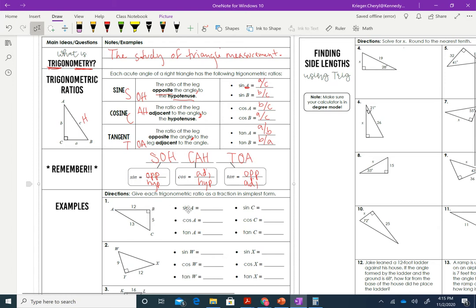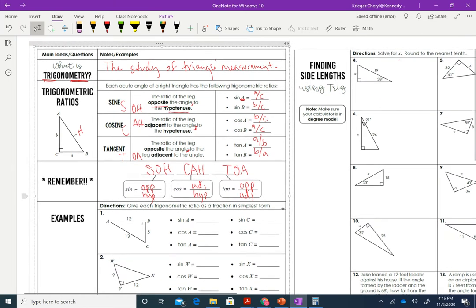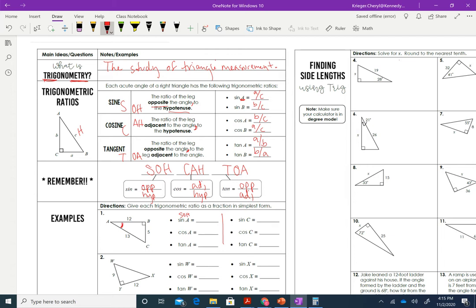You guys can do number 2. And remember, for the first half of this, I'm referencing angle A. So sine is opposite over hypotenuse. That's 5 over, well, what's my hypotenuse? The hypotenuse is 13, so 5 over 13.